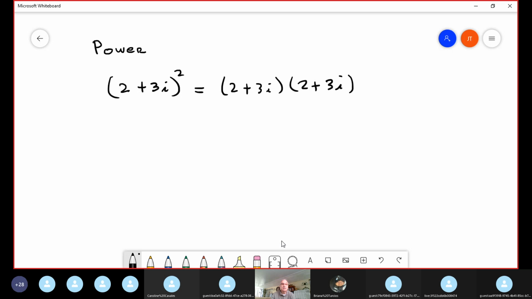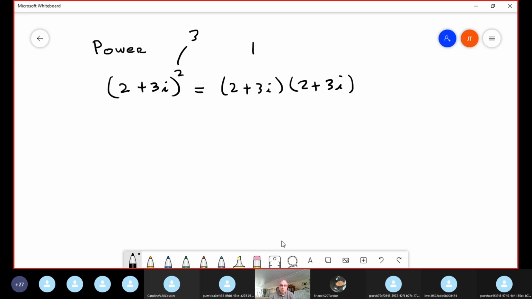The problem is that if the exponent is not 2, it's 3, then it's too long, because you multiply 2 plus 3i times another 2 plus 3i times another 2 plus 3i. It's not complicated, but it's too long. That's why I never put the exponent 3, 4, 5. It's only 2.